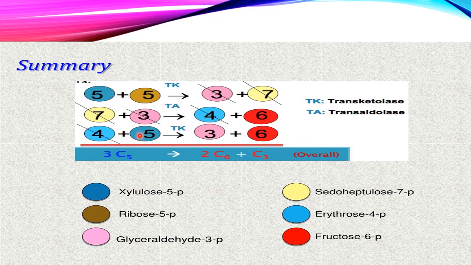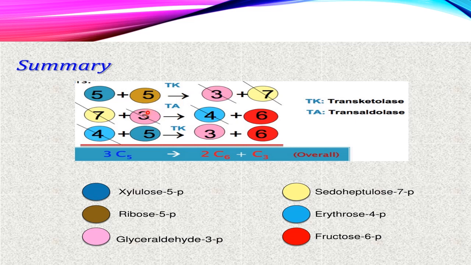So it is transferring the 2 carbon fragment from this 5 carbon compound to the 4 carbon compound. So 5 minus 2 is our 3 carbon compound, that is our glyceraldehyde 3-phosphate, and 4 plus 2 is a 6 carbon compound, that is nothing but our fructose 6-phosphate. This fructose 6-phosphate enters our glycolysis and this glyceraldehyde 3-phosphate also enters the glycolysis.